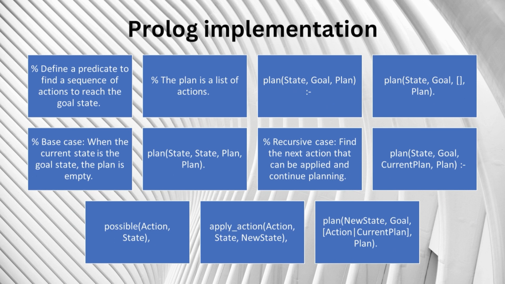Recursive case: find the next action that can be applied and continue planning. Plan, state, comma, goal, comma, current plan, comma, plan. So, possible action state, apply action, action state, new state, plan, new state, goal, action, current plan, comma, plan.